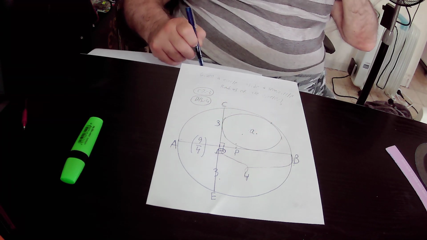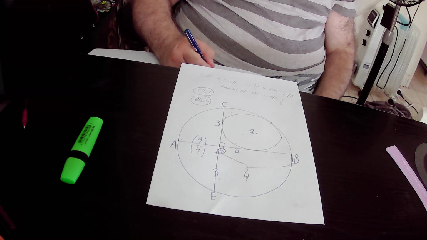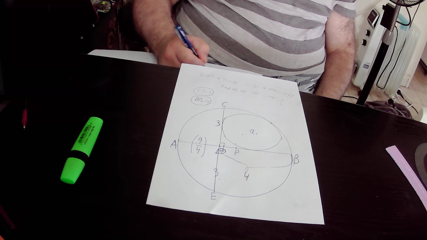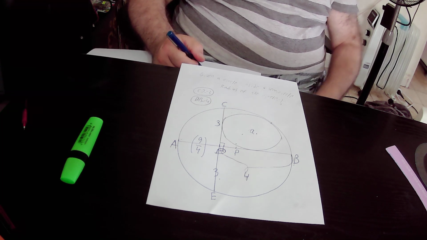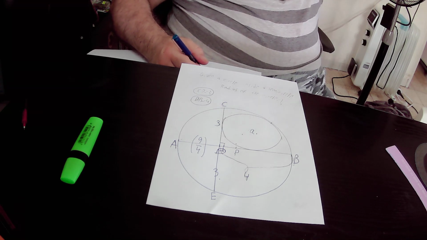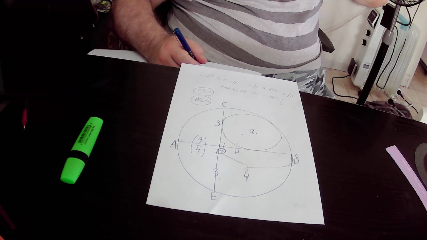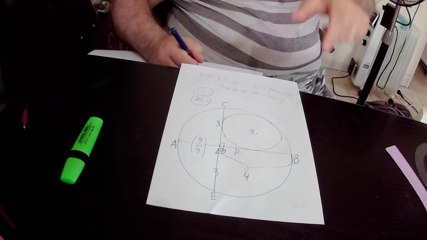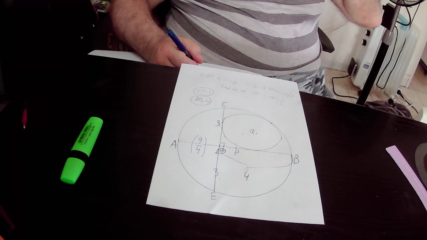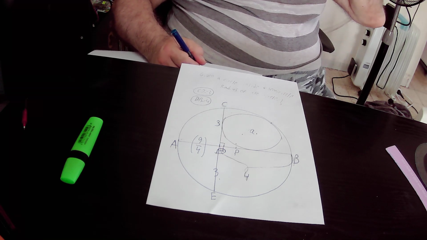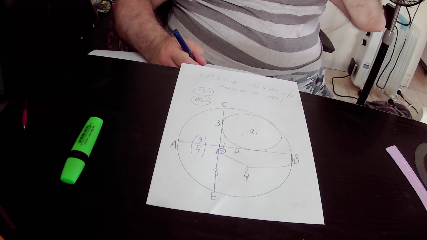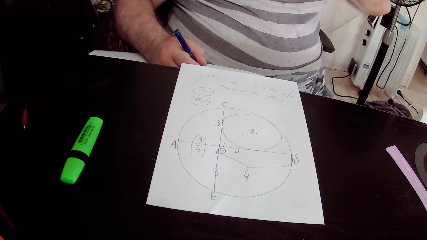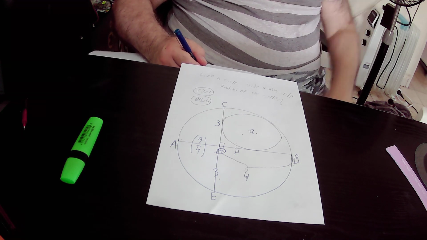So DP equals to DB. DB equals to 4 units according to what is given us the question, so we substitute DB by 4 minus PB. What is the definition of line segment PB? P is the center of the big circle, and B is the point on the big circle itself.